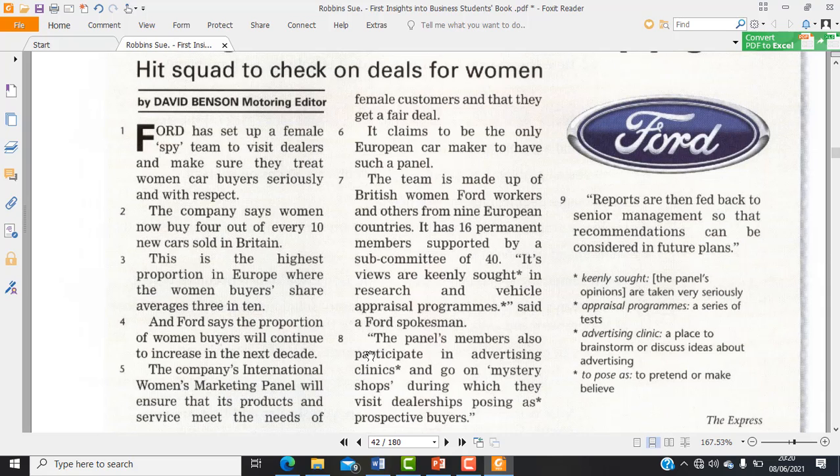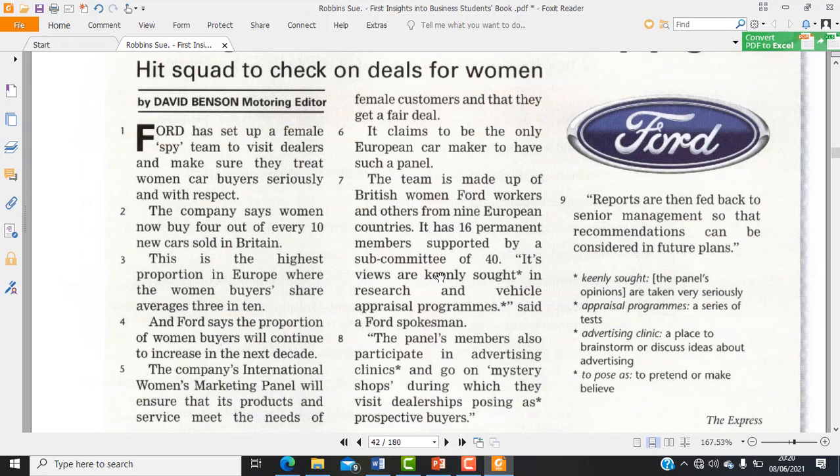The team is made up of British women Ford workers and others from 9 European countries. It has 16 permanent members supported by a subcommittee of 40. Its views are keenly sought in research and vehicle appraisal programs, said a Ford spokesman. Jadi tim ini terdiri dari para pekerja Ford, asalnya dari Britania, dan lainnya tuh dari 9 negara Eropa lainnya.